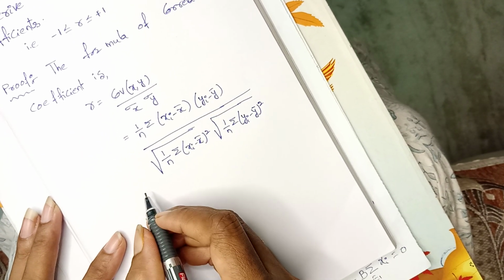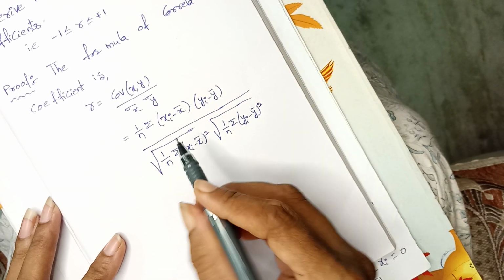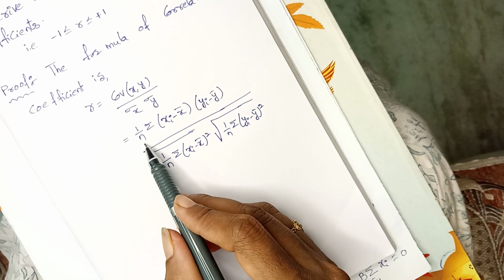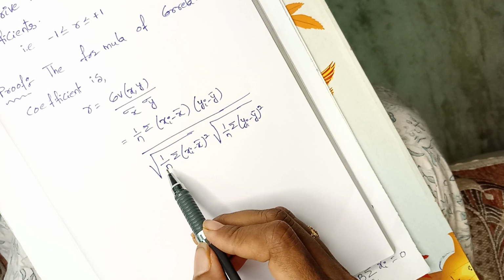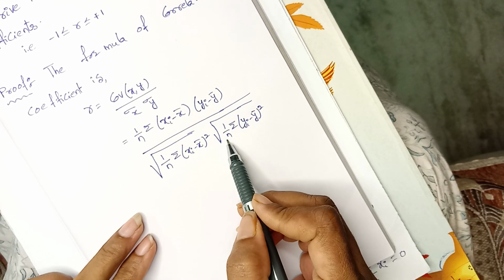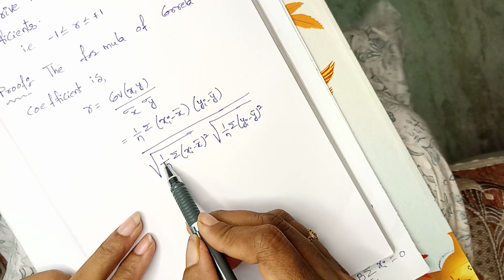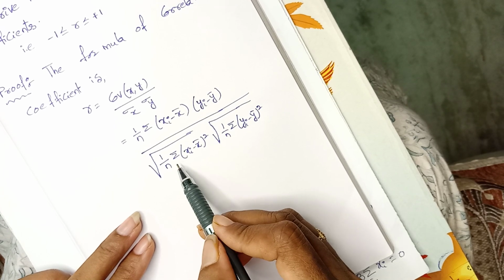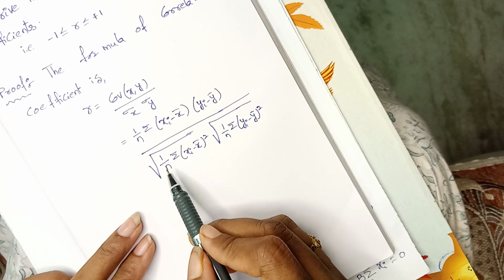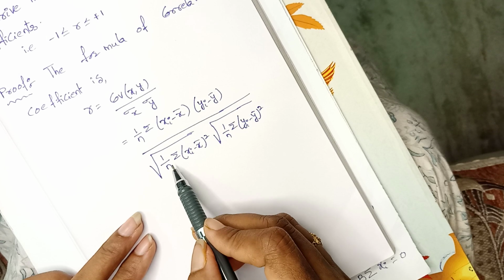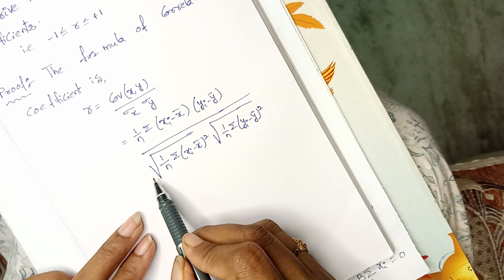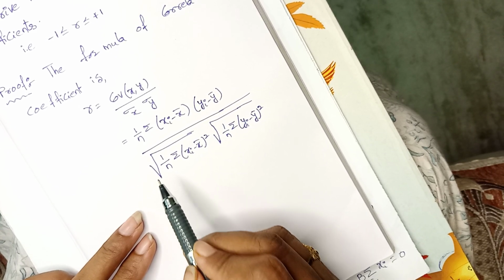Now if you observe, here we have 1 by n and here 1 by n, 1 by n, so we can write this as 1 by n square. If we take this 1 by n square outside of the square root, we can write it as 1 by n.